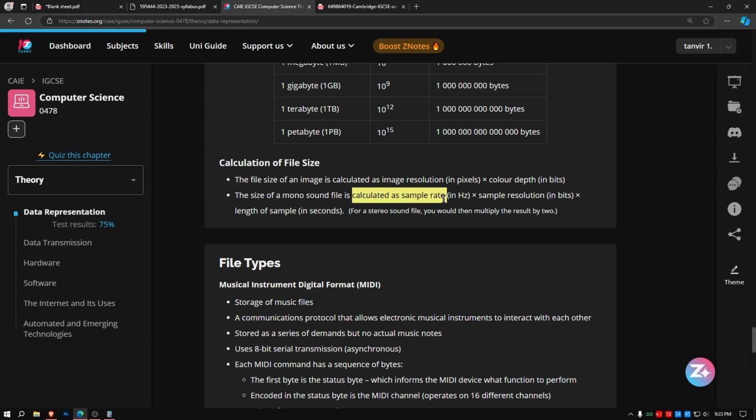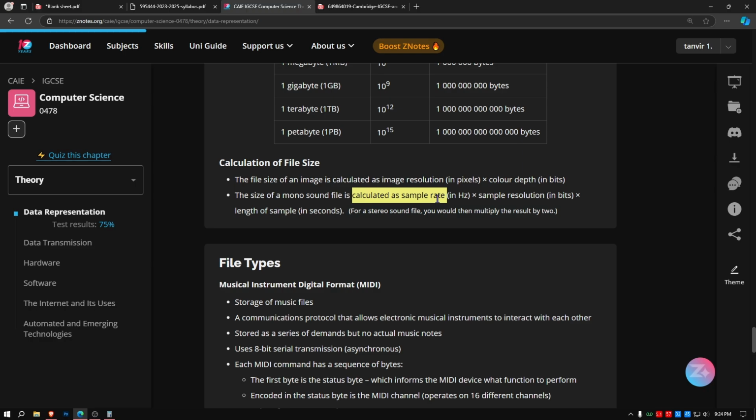Pixel is just the amount of information, or the amount of, let's just say, pens you are buying. And the sample resolution is the bit depth, or the amount of money you are paying, the cost of storing so many pixels. So if you think about it this way, then you can remember it easily.